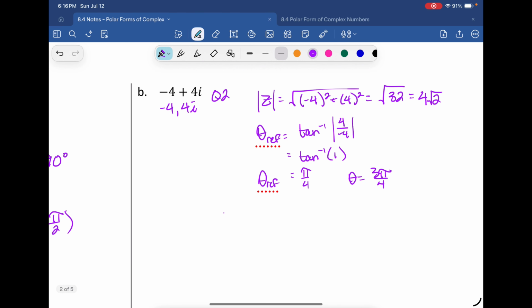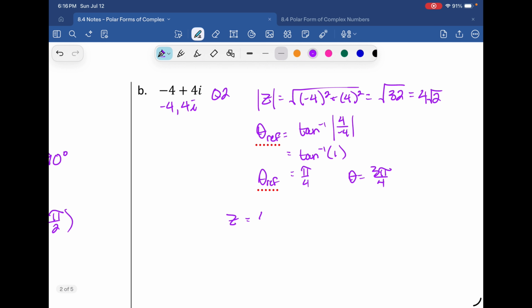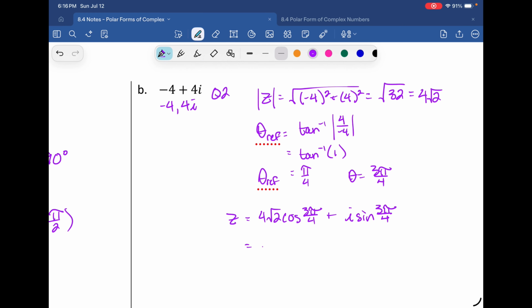Okay, so our complex number, radius cosine theta plus i sine theta. Okay, we can of course do that factored out.